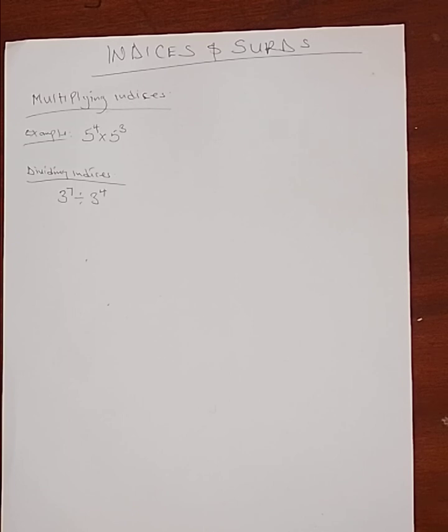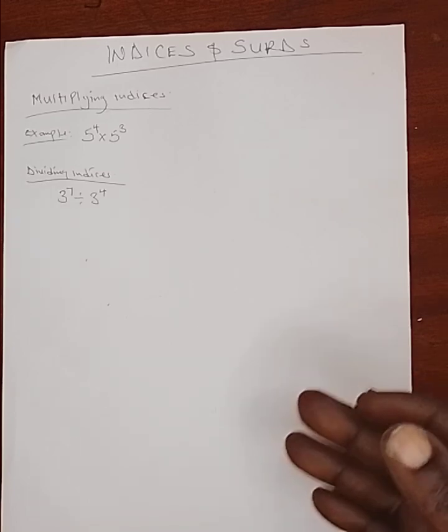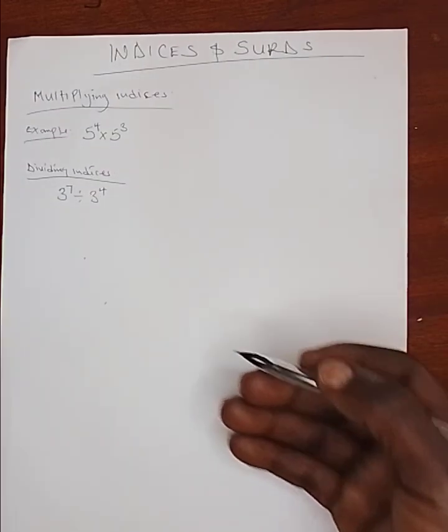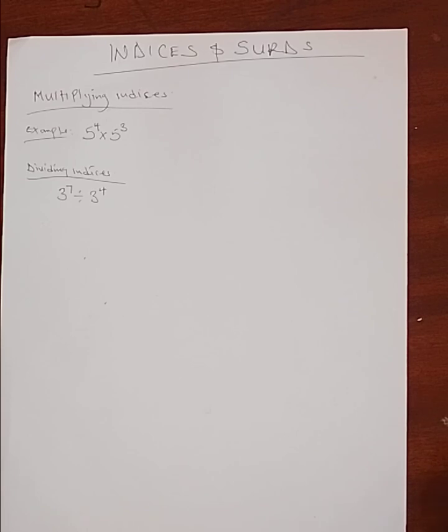We're going to do the operation of multiplying indices. For example, I have 5 power 4 times 5 power 3. Before you go straight to multiplying, you need to know that there are some rules you are supposed to apply before you simplify your equation.